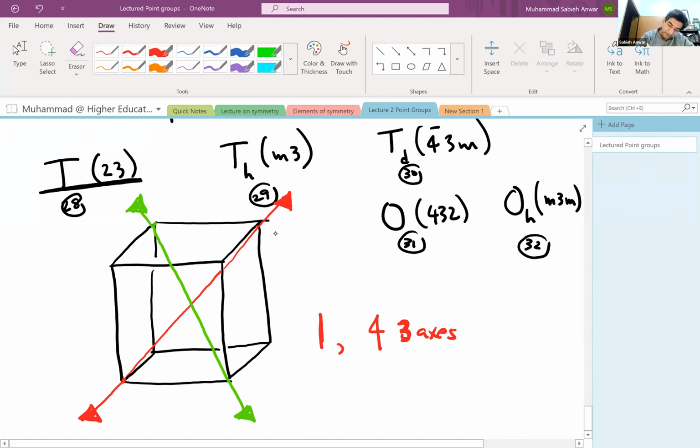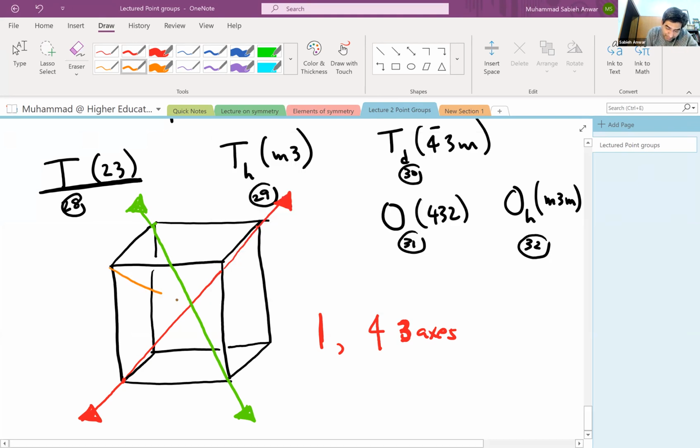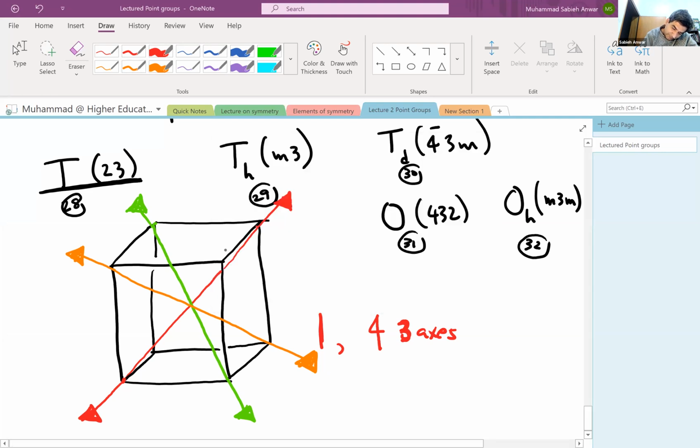Let me draw the third one now. Threefold axis of rotation. I'm drawing the proper symbol with it as well. All right, so these are the four threefold axes of rotation.